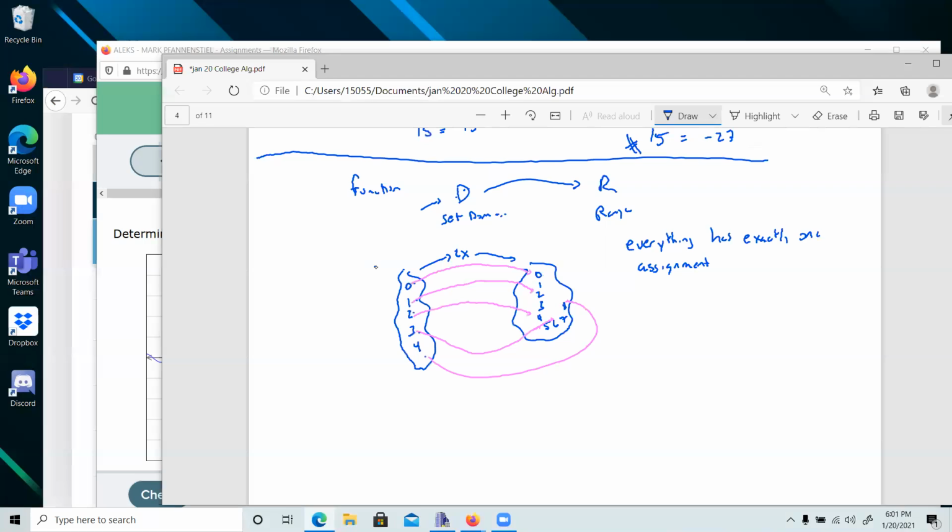If it didn't have an assignment, then it wouldn't be a function, because not everything in the domain got used up. So if elements are left in the domain without assignment, then it's not a function.